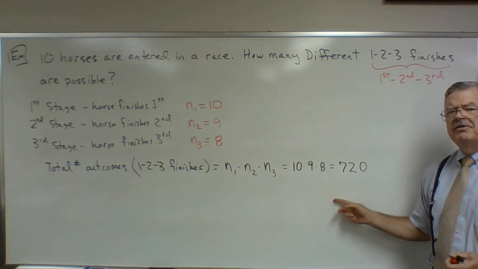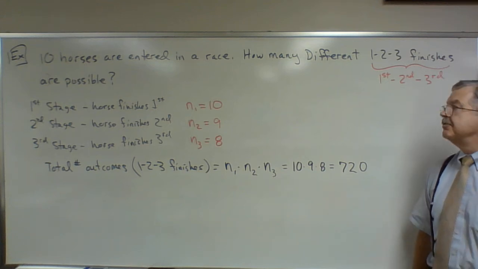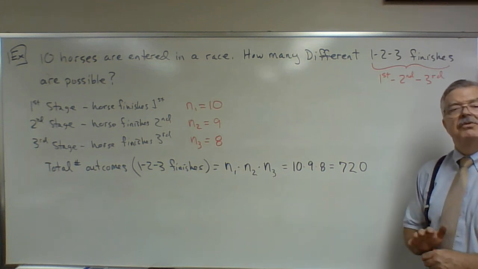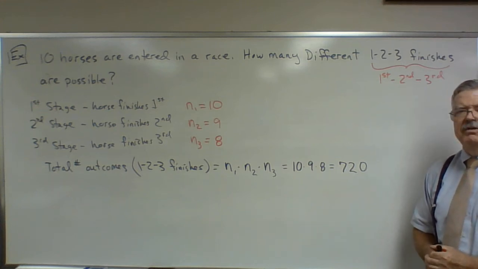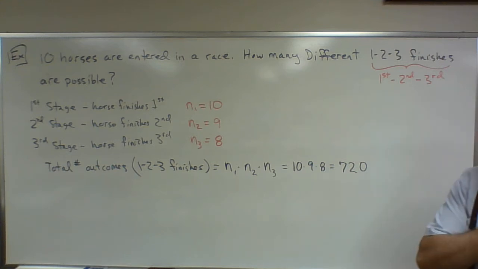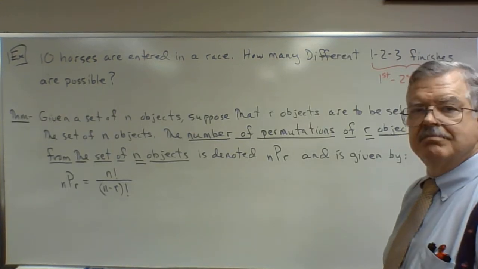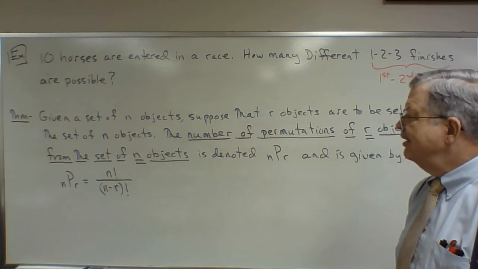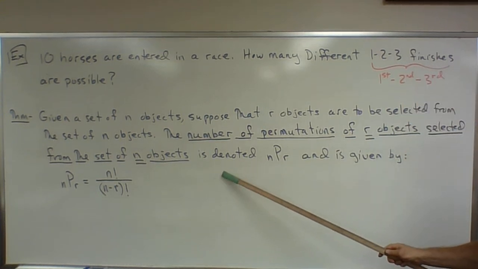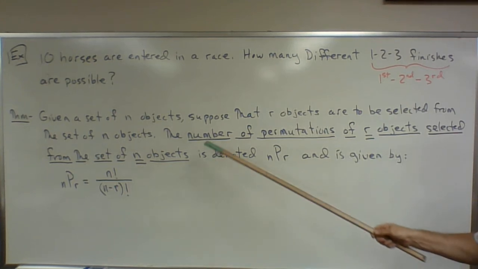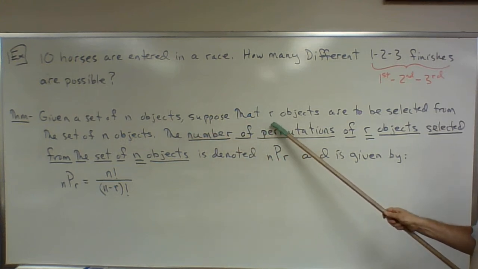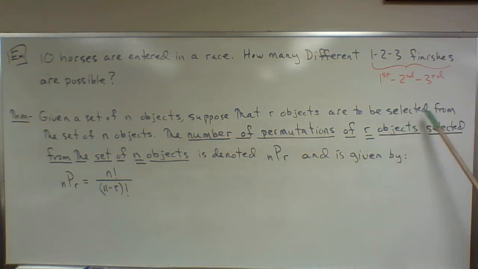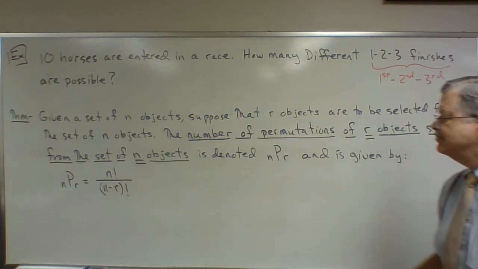Now, I said I wanted to do this 2 different ways. We're going to do this again using another counting rule. Here's the counting rule that we need to do our previous example a different way. Given a set of n objects, suppose that r objects are to be selected from the set of n objects.